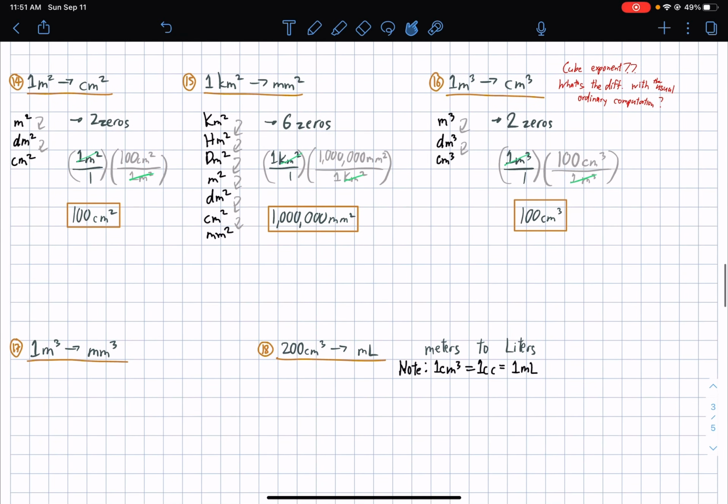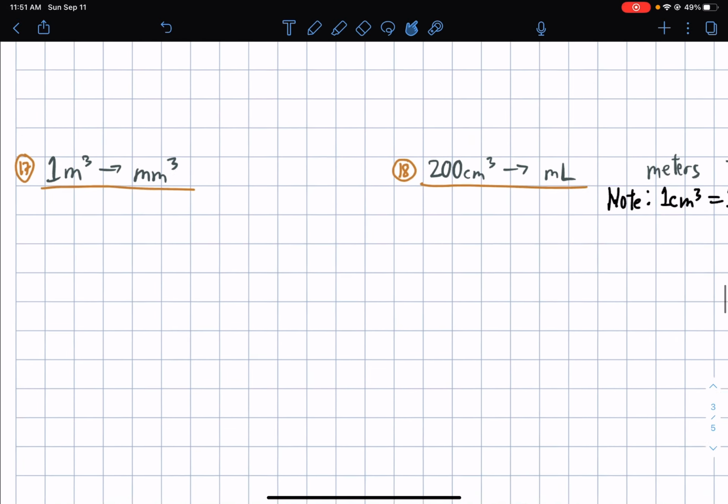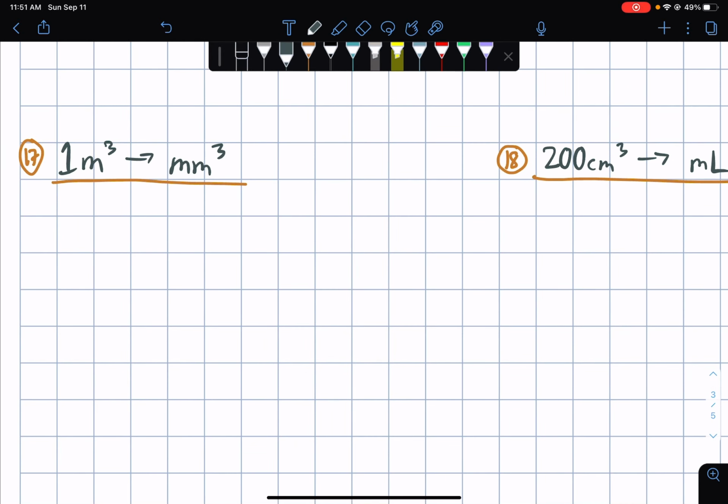Okay. Let's move to number 17. 1 meter cube to millimeter cube. So from meters, decimeter, centimeter, millimeter. 1, 2, 3. Total of 3 zeros.